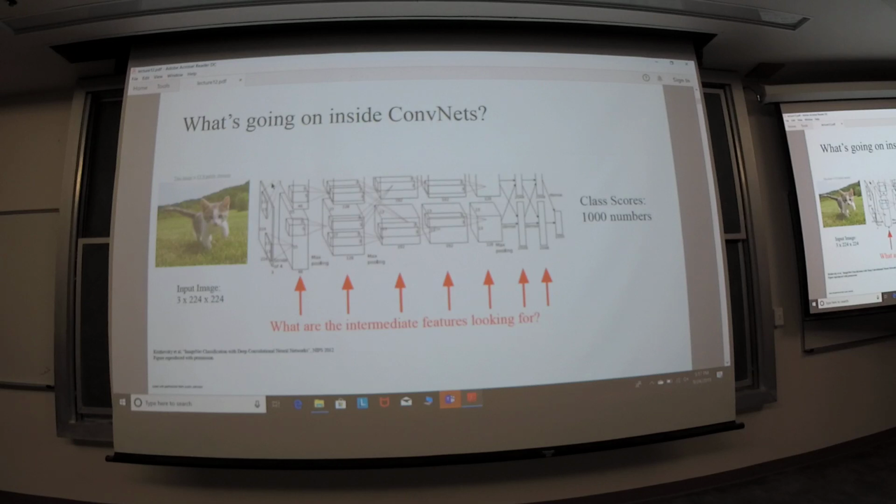So this is the AlexNet architecture. The objective here is that we probe into the network and figure out what each of these intermediate layers is doing, and how it helps the neural network classify the objects.